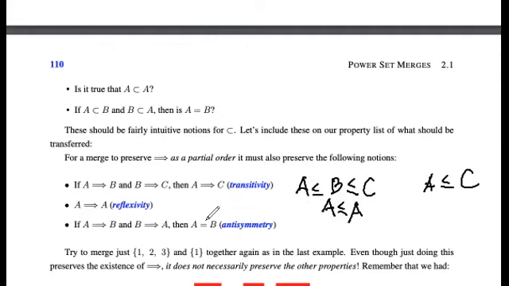And that's definitely true with subsets, so we actually have it. This is something that always should hold for a partial ordering. If A is less than or equal to B, and B happens to be less than or equal to A, then that's going to for sure mean that they're the same thing.